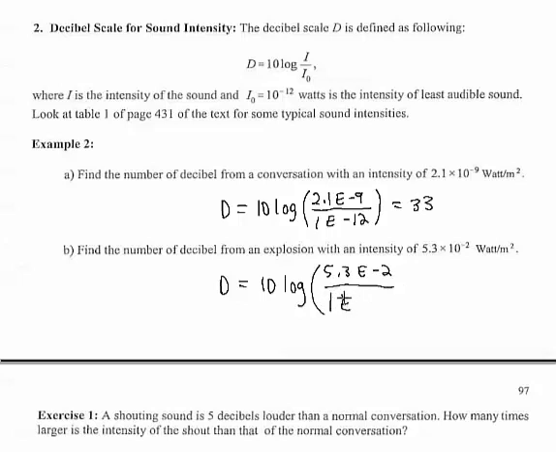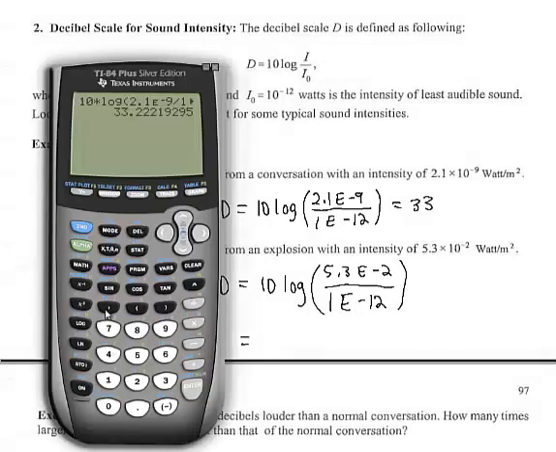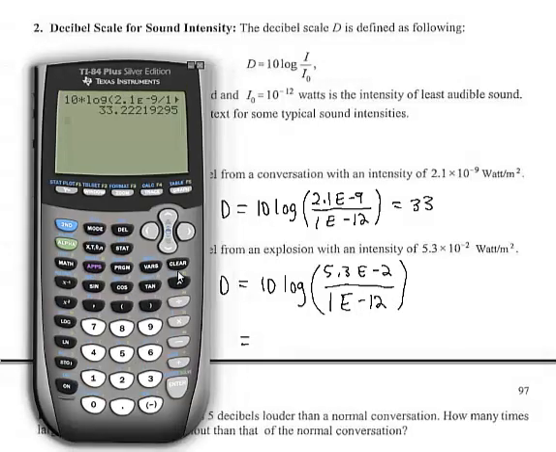And then we write I naught, the intensity of the least audible sound, in the denominator. And from here we simply use our calculator. Write 10 times the log of 5.3 double E button negative 2.